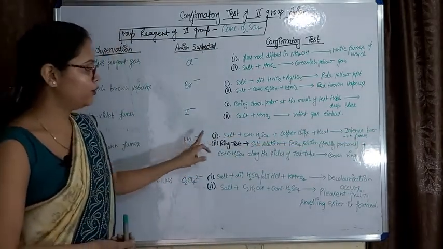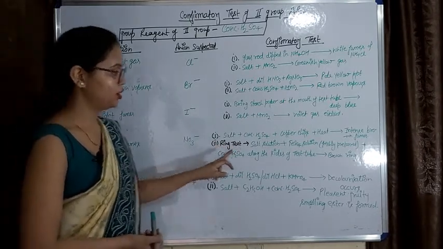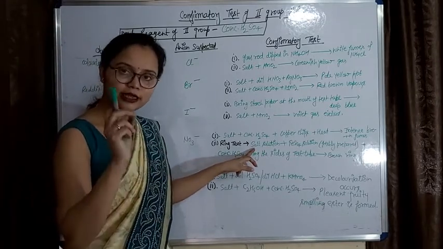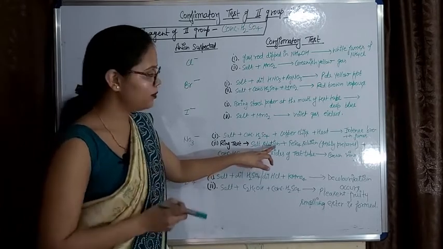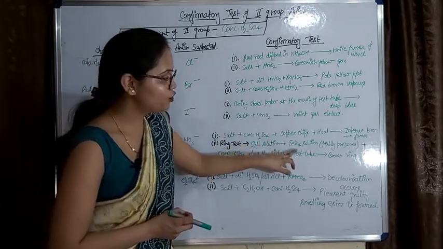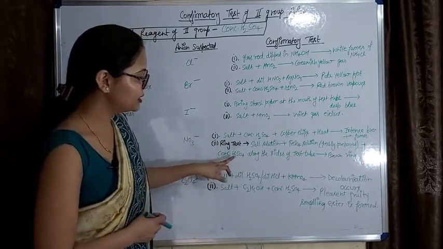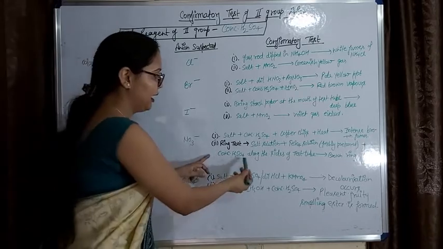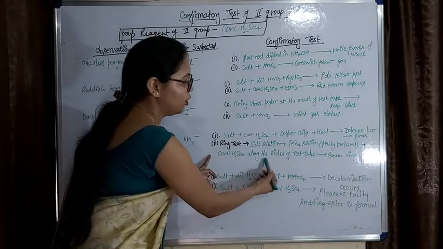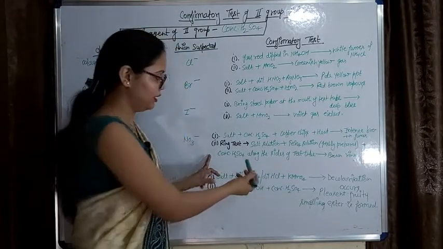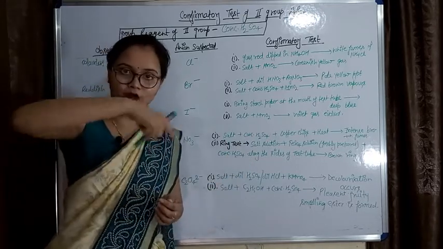You can do one more test, which is known as the ring test. In the ring test, you take salt plus distilled water, meaning a salt solution in a test tube, and then you add FeSO4 solution. After adding FeSO4 solution, you add concentrated H2SO4 dropwise along the side of the test tube.